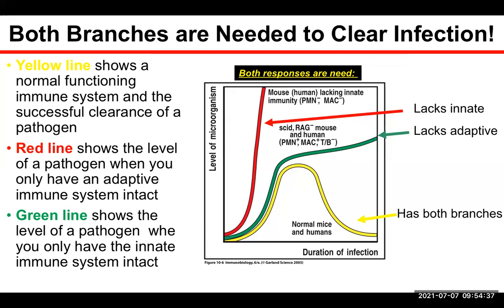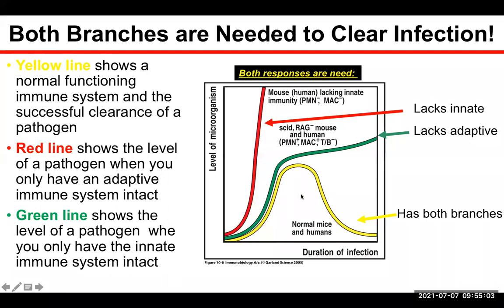They need some kind of cell to do something called antigen presentation, taking a piece of that pathogen and presenting it on its cell surface so the adaptive immune cells can respond to it. Innate immune cells are very good at presenting antigen to your adaptive immune cells. If you don't have that, the microorganisms are going to go crazy and you're going to end up dying.